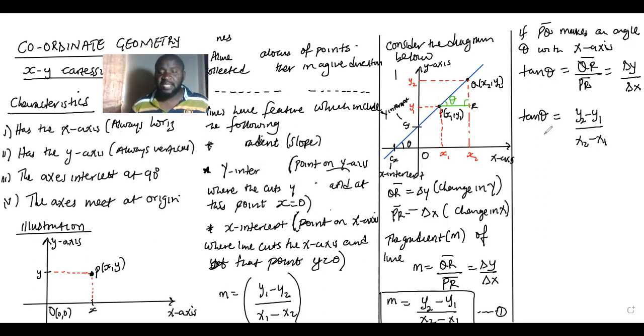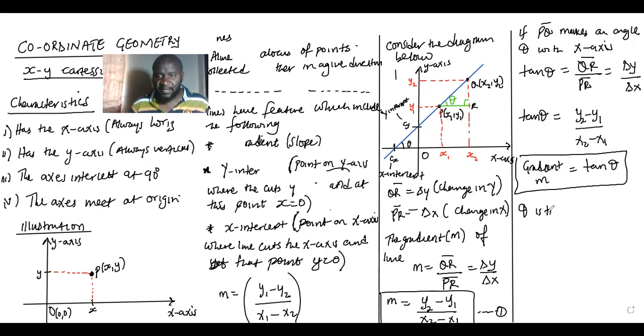So the gradient M is always equal to tan of the angle theta, which is the inclination of the line to the x-axis.